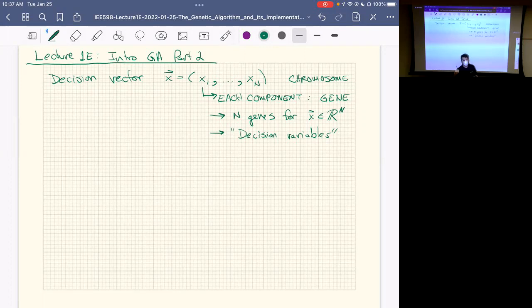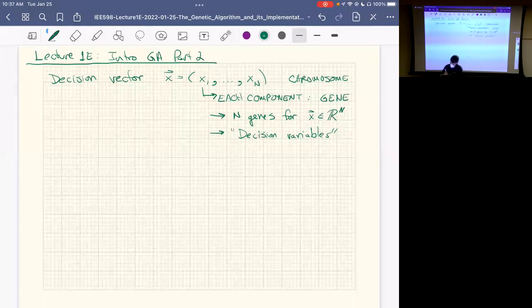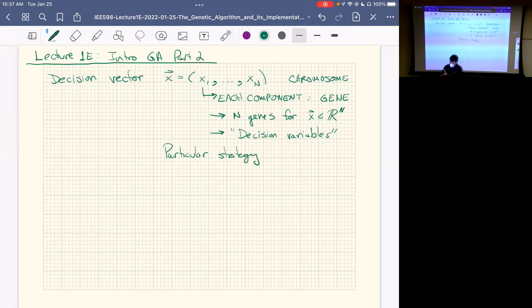So if you were to choose a particular set of those variables, then we call that a strategy. And so a particular strategy I might denote, say, X vector sub A, and that strategy might be particular numbers, 1, 2.6, 8, -4, whatever.